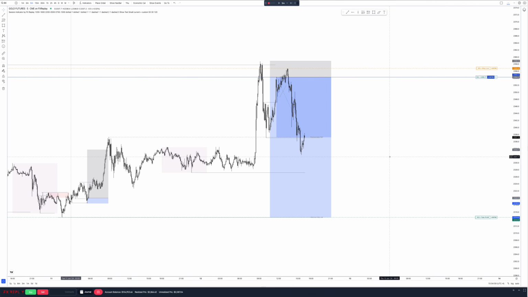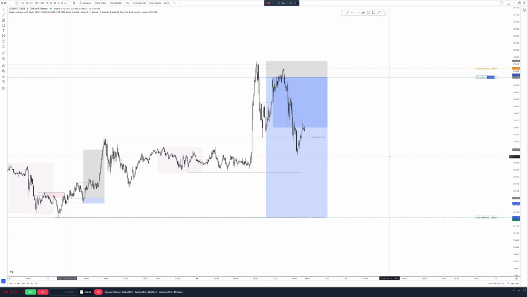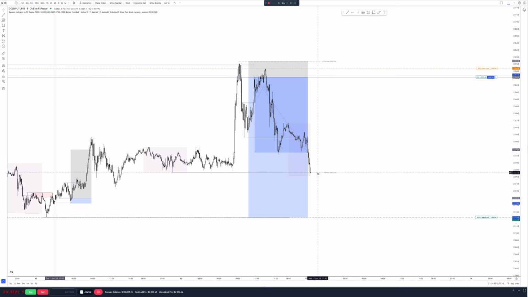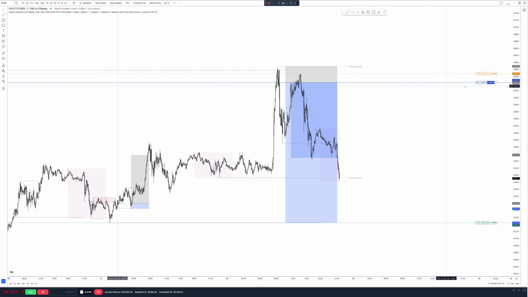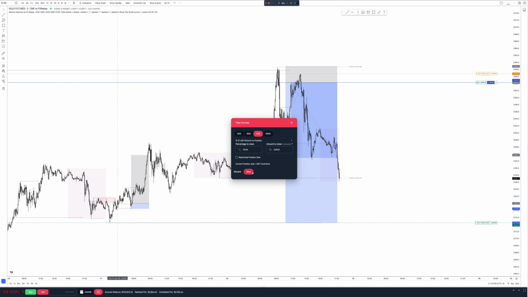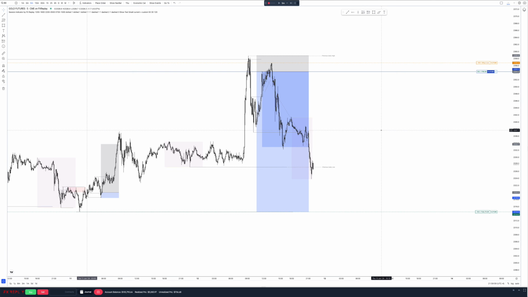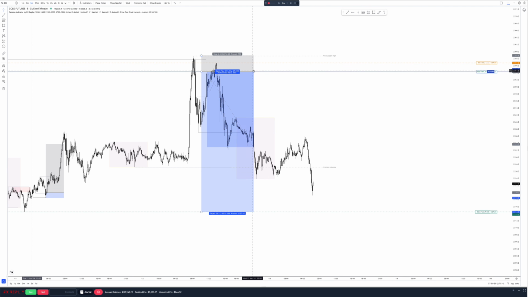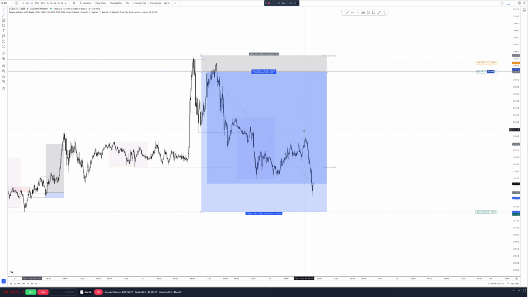So let me play a little bit more PA. There you go. Partial point right there. Let me take off a little bit, 75%, and then possibly come for the lows. And there you go.